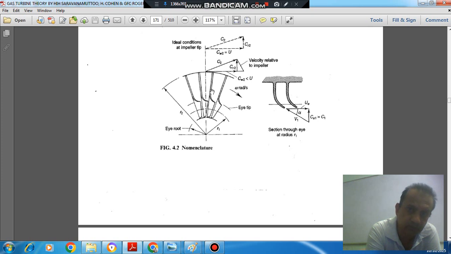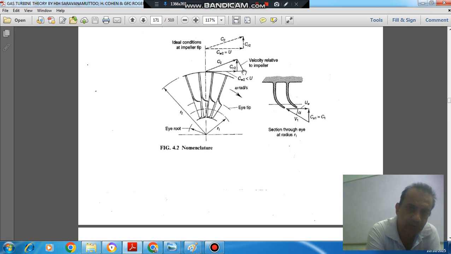As it moves through the impeller, some velocity is imparted to the air by the rotation of the impeller, so that velocity CW2, the whirl component, is in the direction of rotation of the impeller. The total horizontal line is your U.